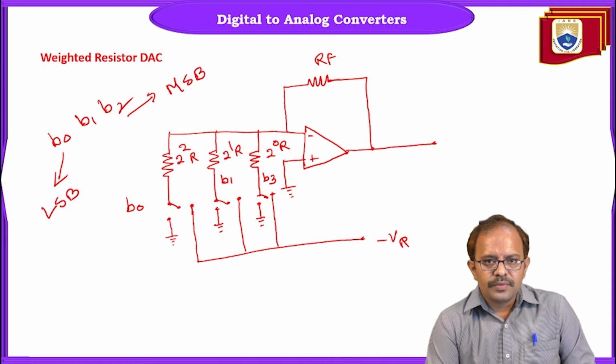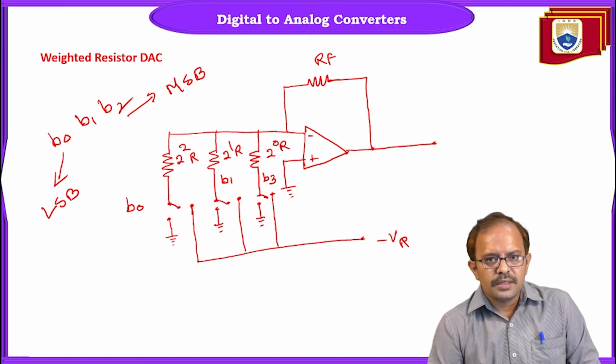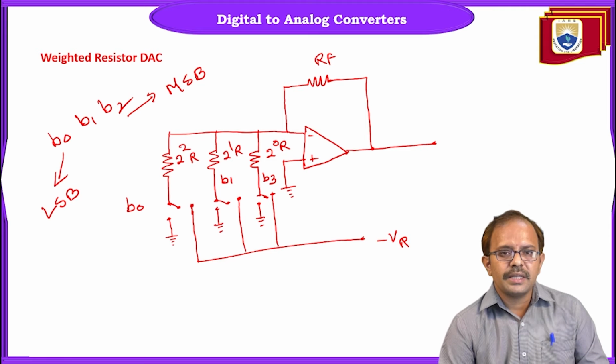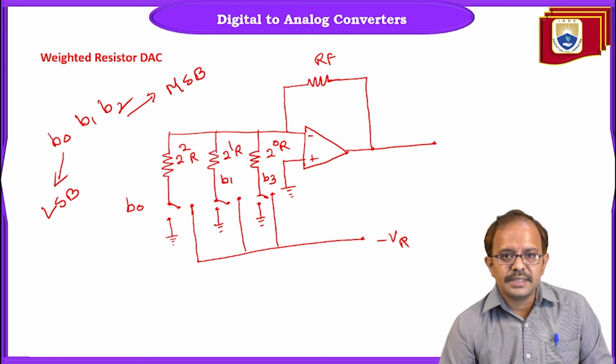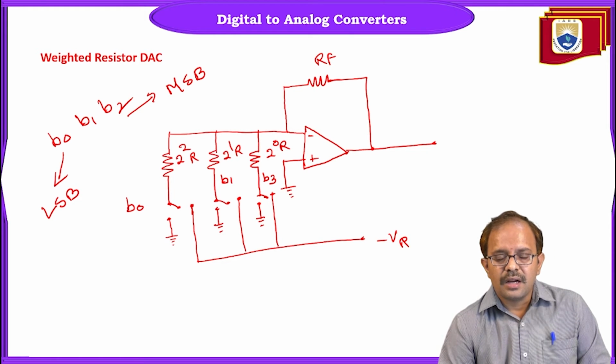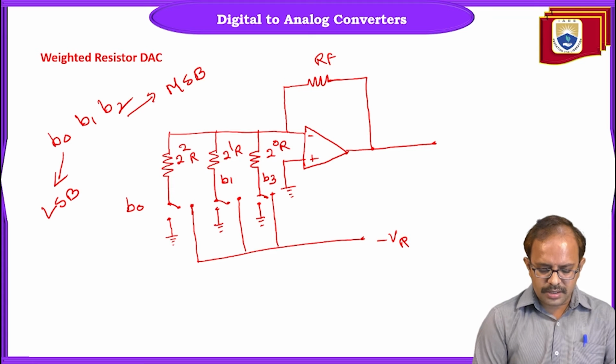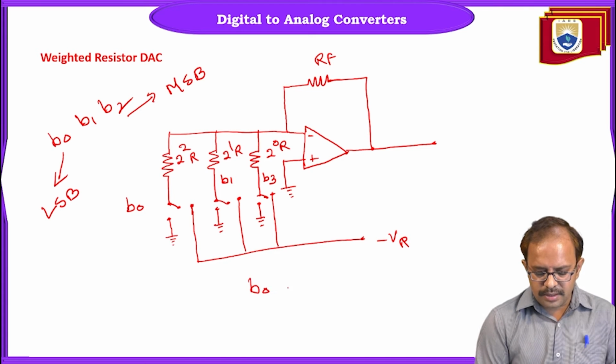Always remember, in the weighted resistor network, the weight of the resistance corresponding to the MSB bit will be very, very small compared to the remaining bits, and this resistance will decrease in the order of powers of 2. So what is the resistance for B0?